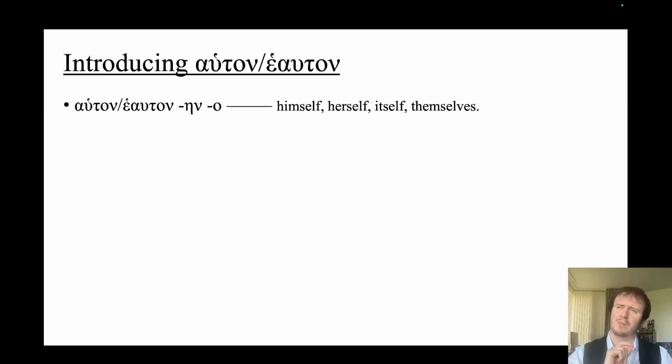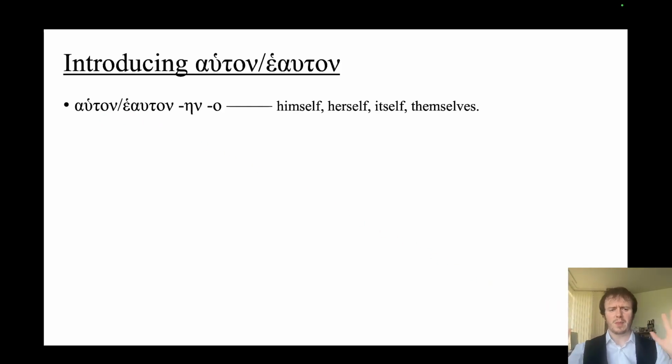And that's because although the tradition in the UK is to list the accusative following the nominative, elsewhere they list the genitive second. They go nominative, genitive. And so if you look this up in a dictionary, you'll probably find it as ἑαυτοῦ or αὑτοῦ instead of αὑτόν, ἑαυτόν.